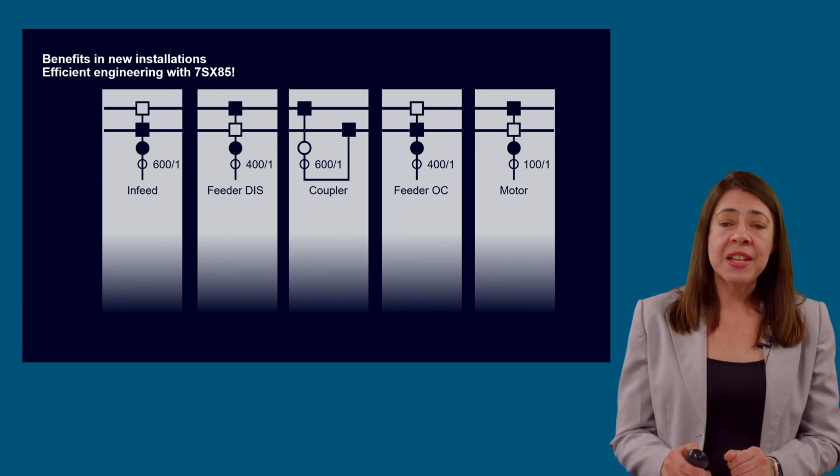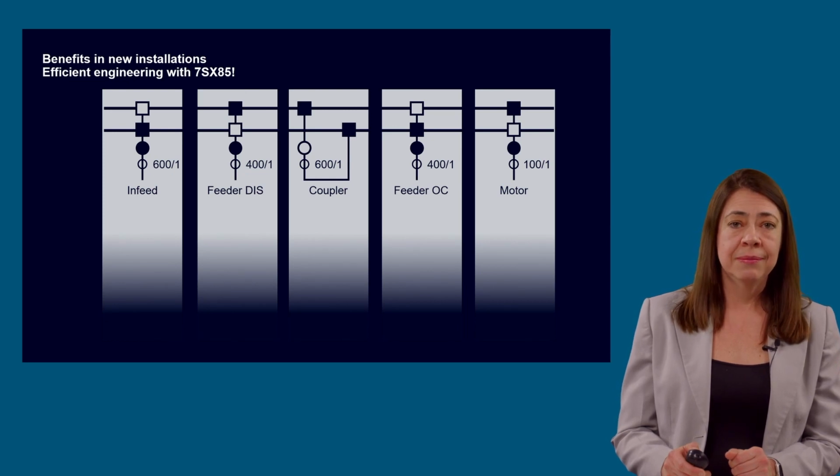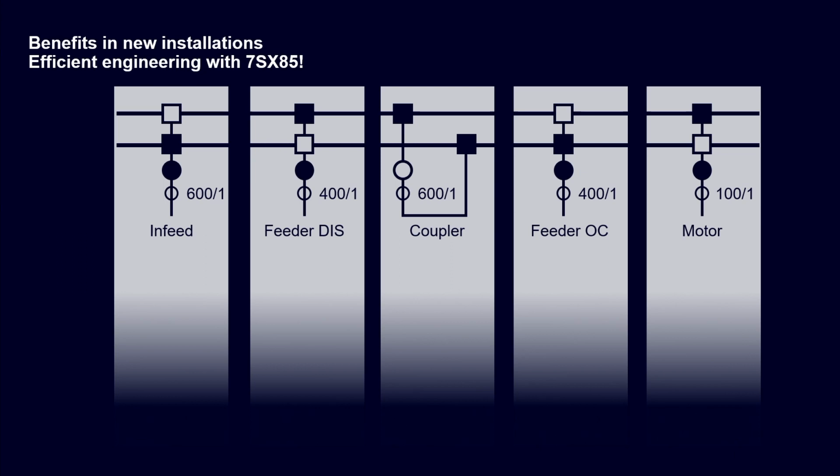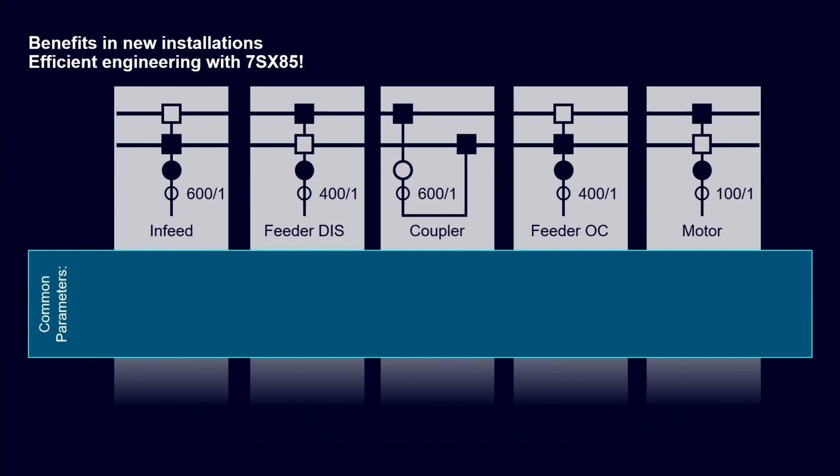The simplification in engineering is also a plus with the universal device. Let's take this example with 5 different types of typicals. You can start with a base parameterization. Right from the beginning, you can save engineering time by using one of the predefined templates that you find in DIGSI.